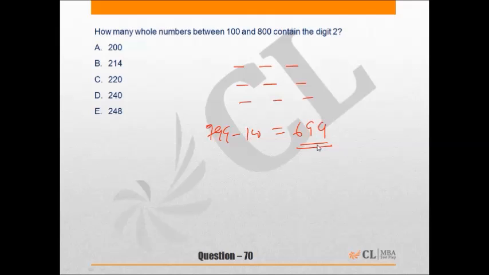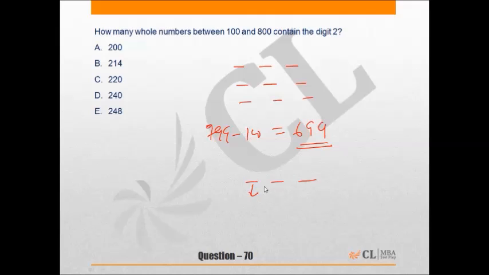So it is quite obvious that in the first case we have to consider three cases. In the second case, we have to consider only two cases. First is finding the total number of numbers in the given range, and second, finding the number of two-digit and three-digit numbers in the given range that do not contain two.